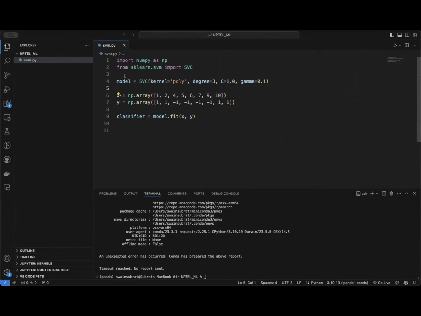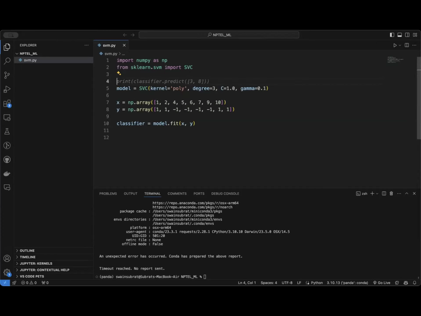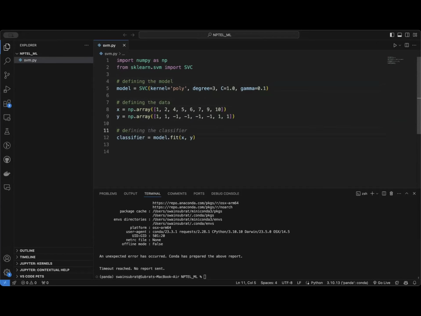So this is defining the model. And this is defining the data. And this is fitting the model for training.